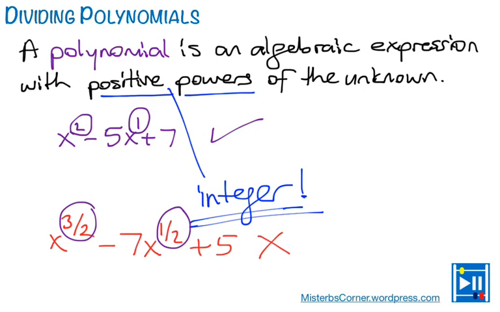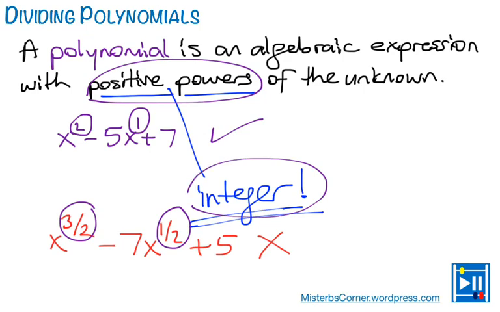So this is not a polynomial. And there may be different unknowns, or the powers could be bigger. It doesn't matter, as long as they're positive integer powers, we're good. And the numbers in the front do not matter. The coefficients could be fractions or surds, it doesn't matter.